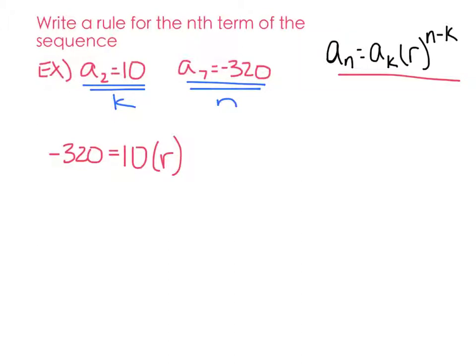So what's n? 7. Yeah, a sub n was our negative 320, so n would be the 7. And what would k be? 2. All right, so now that's negative 320 equals 10 times r to the 5th power.